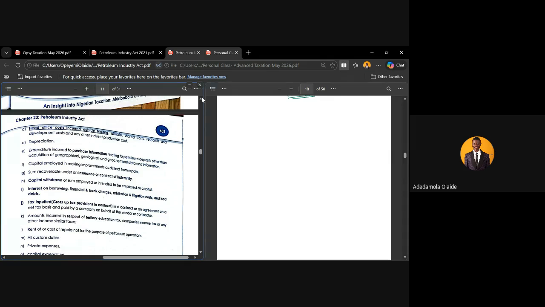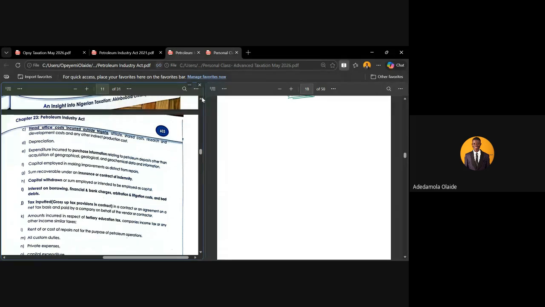If we have any capital withdrawn or sum employed or intended to be employed as capital, yes, any drawings by the shareholders will not be allowable for tax purposes. We have interest on borrowing, financial and bank charges, arbitration and litigation charges, and bad debt. They are all not allowable.